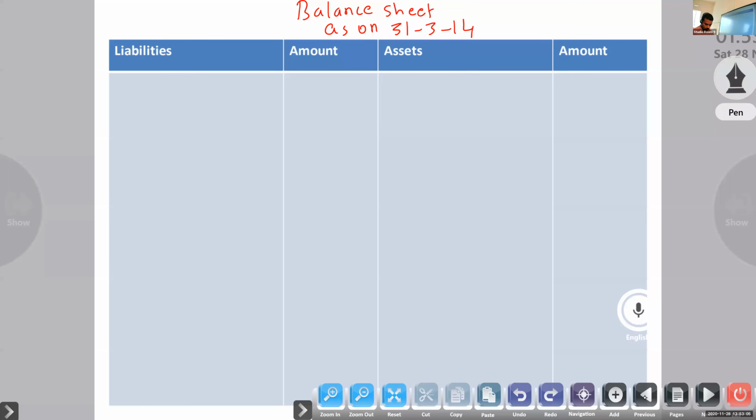First we have to look at the trial balance. Debit side first. Debtors is given. Debtors, cash in hand also there. Debtors is given 50,000.